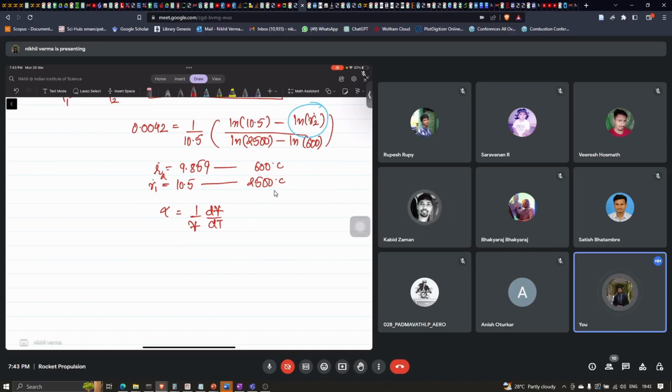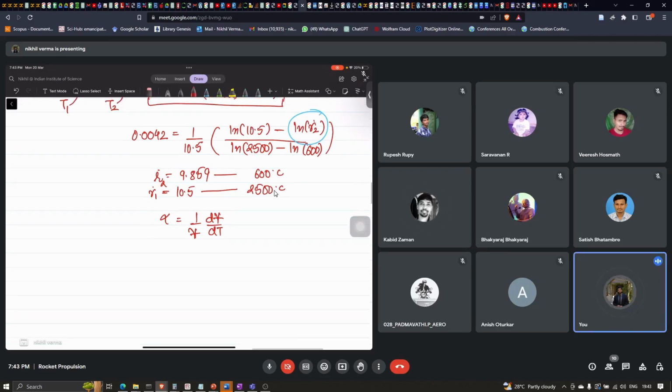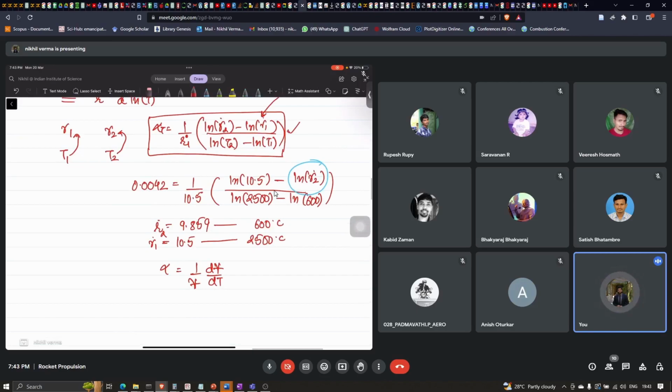So probably it is useful when we are comparing two different propellants, how they respond to different temperatures. If you have different propellants, how sensitive they are to the temperature can be represented by this equation. When you divide, you are just normalizing with the initial burn rate.